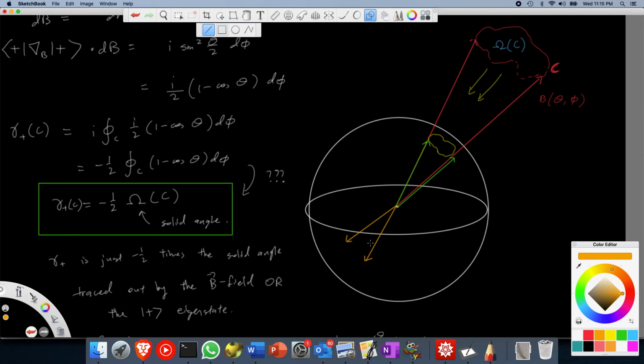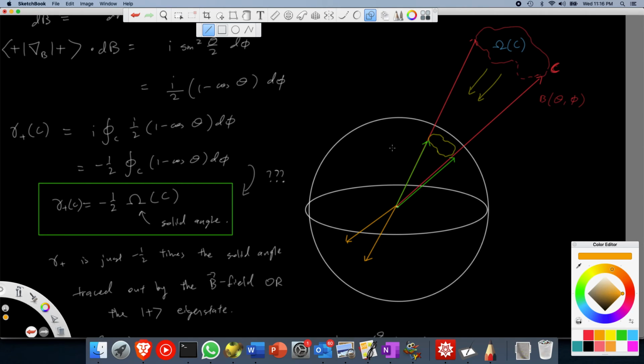But in the end, the Berry phase of the minus eigenstate is still half times the solid angle subtended by the path C of the magnetic field, and you can see that equals the path taken by the magnetic field.